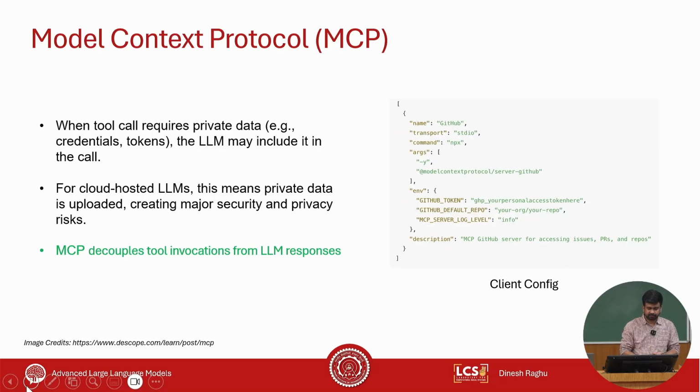Now, let's see some advantages of MCP. I talked about how MCP also helps in privacy and security, right? So the way it does is, let's take this particular config, right? This particular config is where you want to expose GitHub tools to your AI application, right?